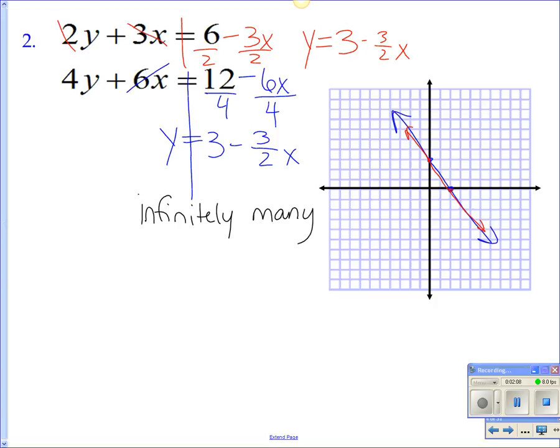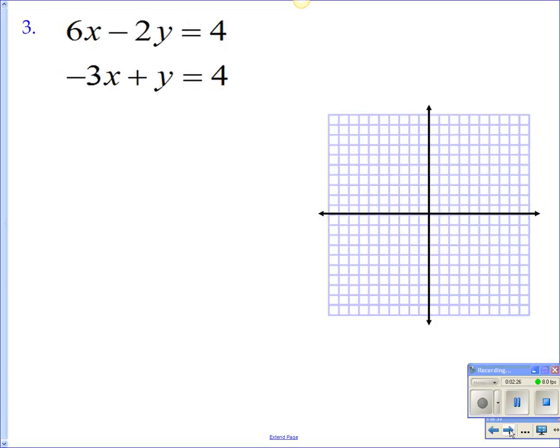So write that down, infinitely many. They cross all the time. Does everybody have that written on their paper? Thank you.